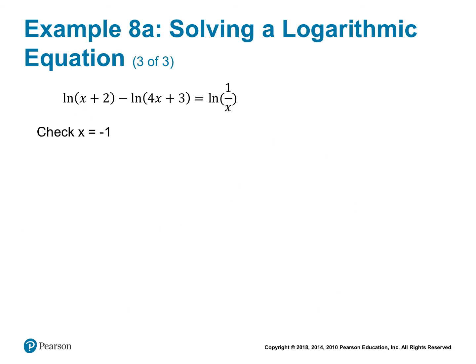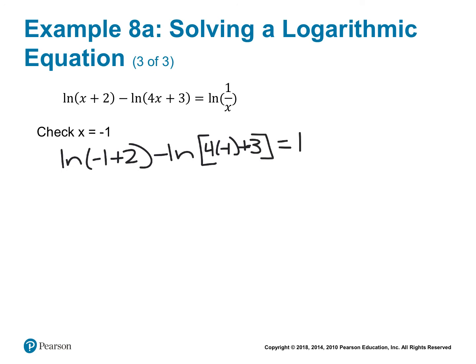If I try this one, I'd have natural log of negative 1 plus 2 minus natural log of 4 times negative 1 plus 3 equals a natural log of 1 over negative 1. So either way, we're going to get a lot of negatives. So that's negative 4 plus 3 is negative 1.